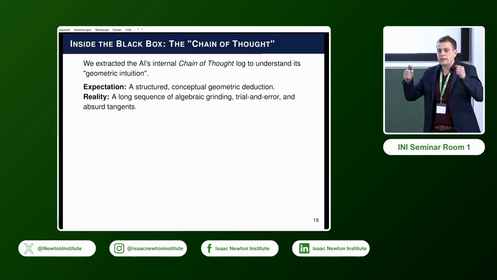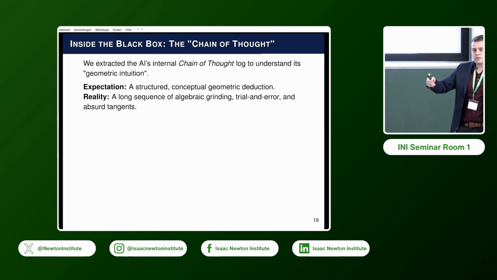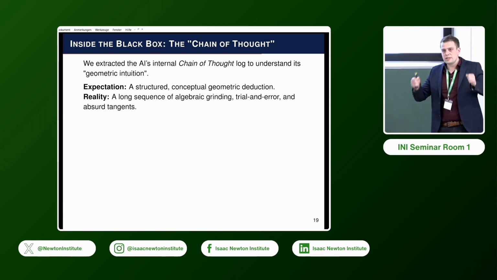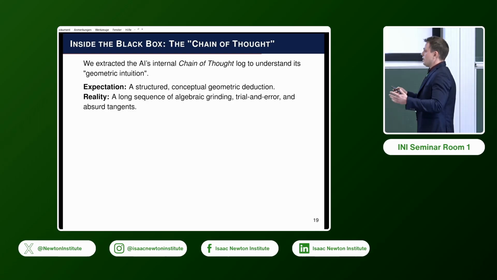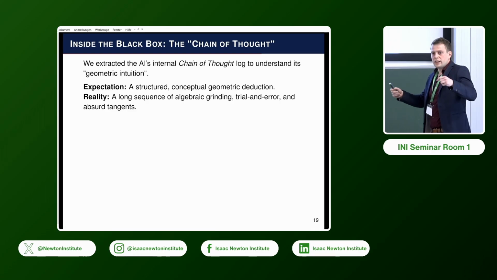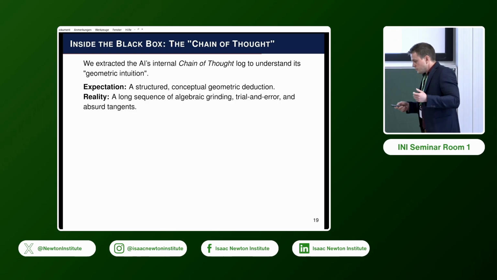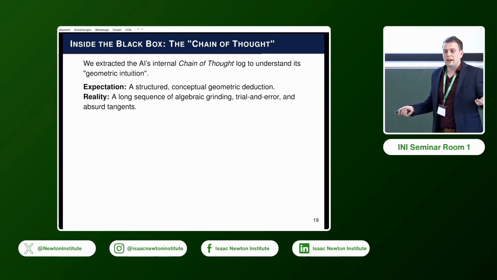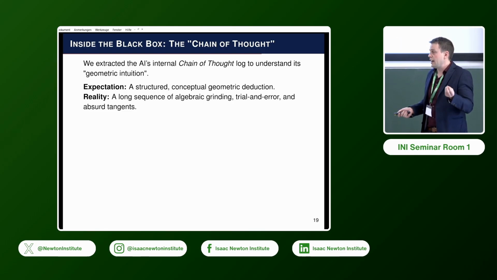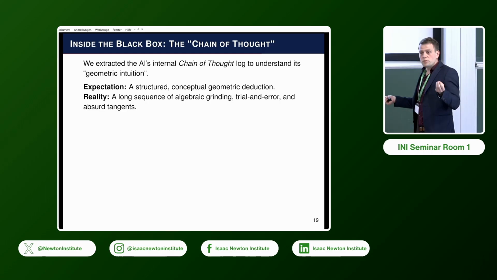But this log would contain only headlines on what it's doing next. It was really random and had all the different ideas, which sometimes did not really relate. We were having a hard time understanding what the model tried to do.